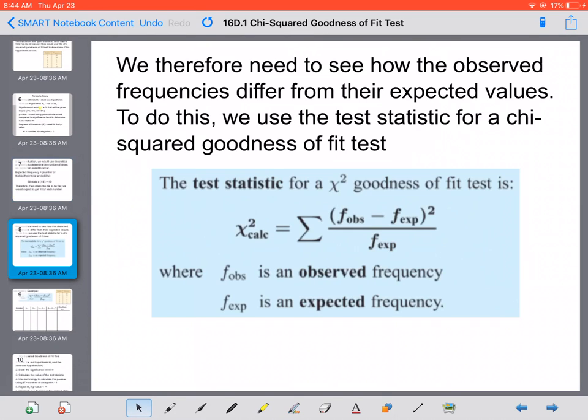And so let's go through our process. To actually construct this test, what your calculator is doing, we denote it with the chi-squared symbol.